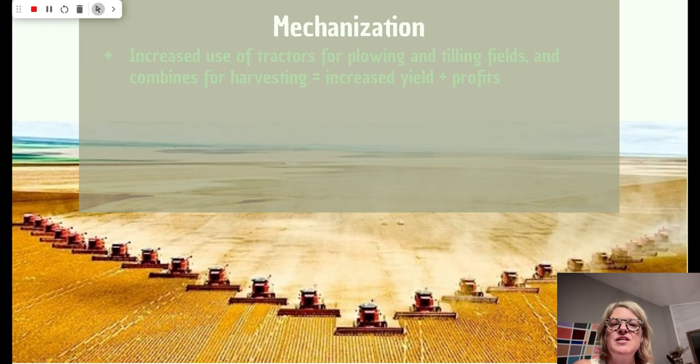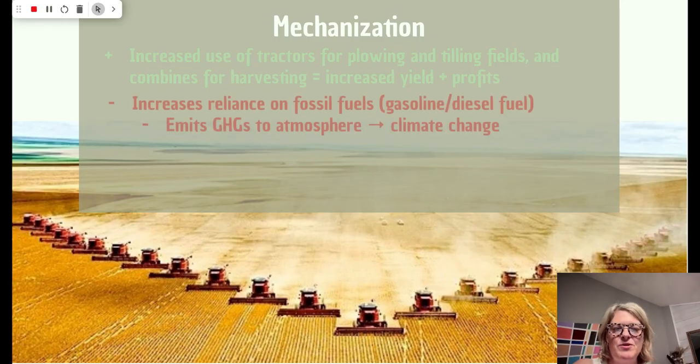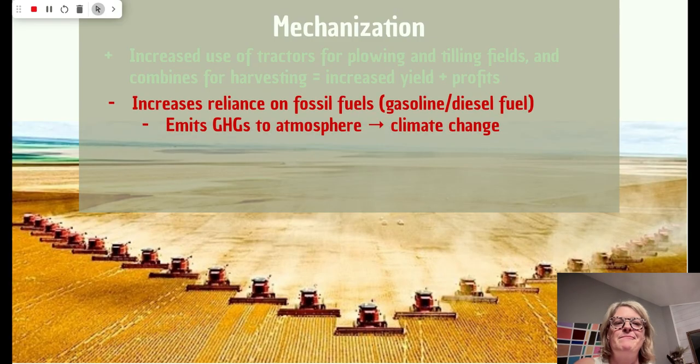So mechanization is the increased use of different machinery involved in the plowing of land, the tilling of fields, and harvesting by using combines. This increased yield, and an increased crop yield means more money for the farmers as well, so increased profits. The issues with this include an increased reliance on the combustion of fossil fuels.